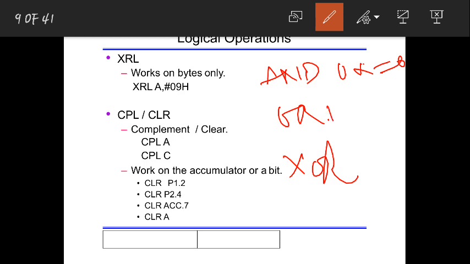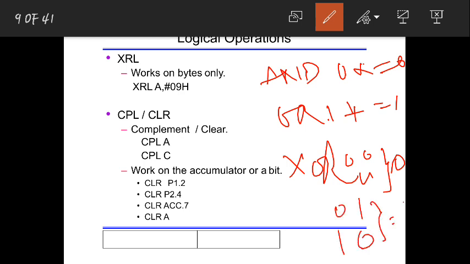For the OR operation, 1 plus something is always 1, else 0. For the XOR operation, if both are the same, either 0 0 or 1 1, the result will be 0, but if both are different, the result will be 1. These are the operations you need to know. Then you can easily write these instructions in your program according to your needs.